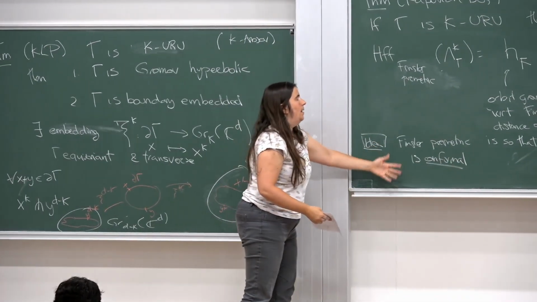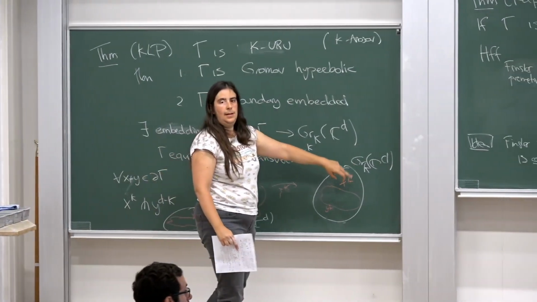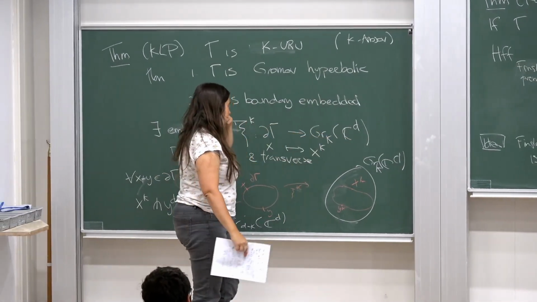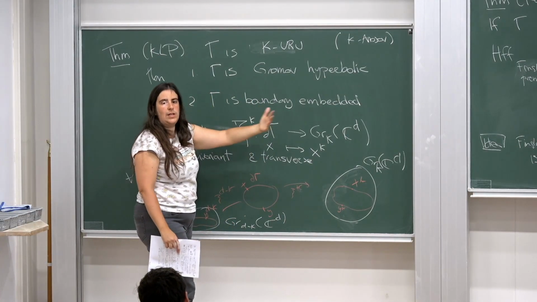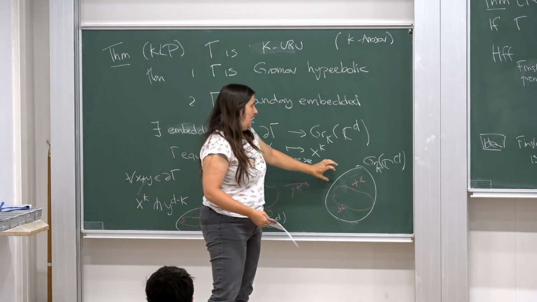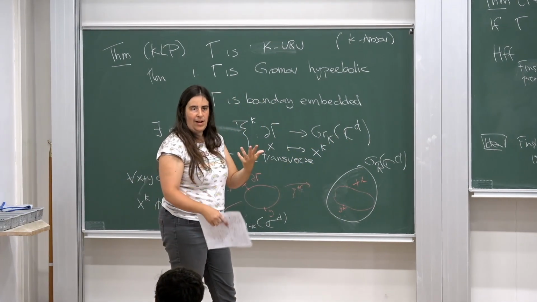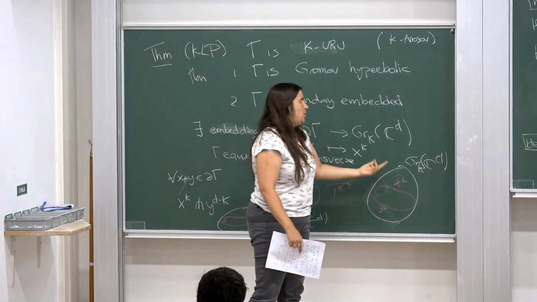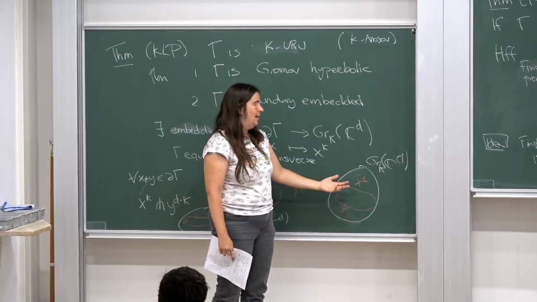One difficulty in the study of these fractals in the Grassmannian is that the action of SL_d(C), and in particular of our group, on the Grassmannian is very non-conformal. I have lots of different radii, like balls are mapped to ellipses. And the study of Hausdorff dimension for non-conformal self-similar sets is very hard.